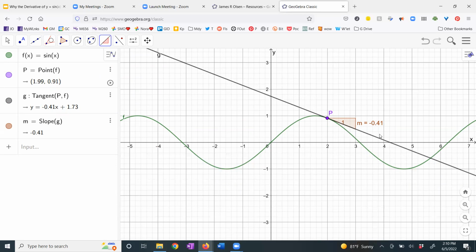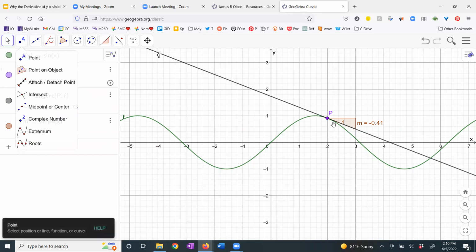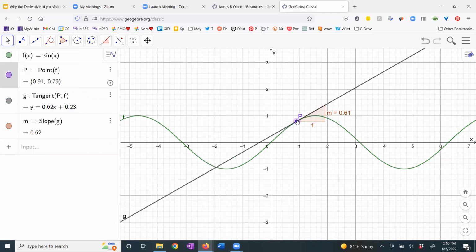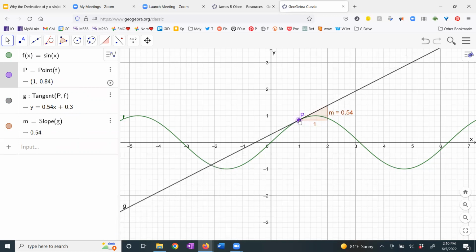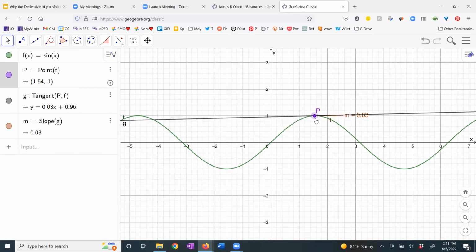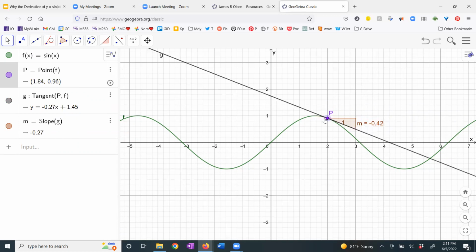And the nice thing about this is that slope is rise over run. And so if your run is 1, then the rise is in fact the slope. This has a slope of 0.68. This has a slope of 54/100ths. And so we can experiment here. We can get a slope of 0 up here at the top, as you can expect to happen in calculus.